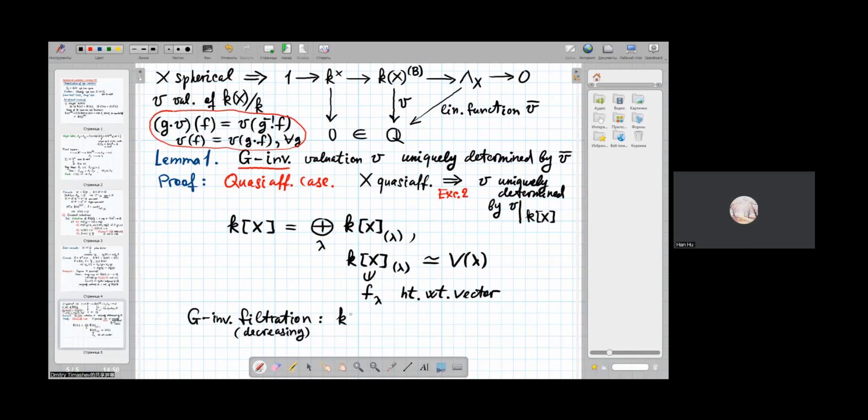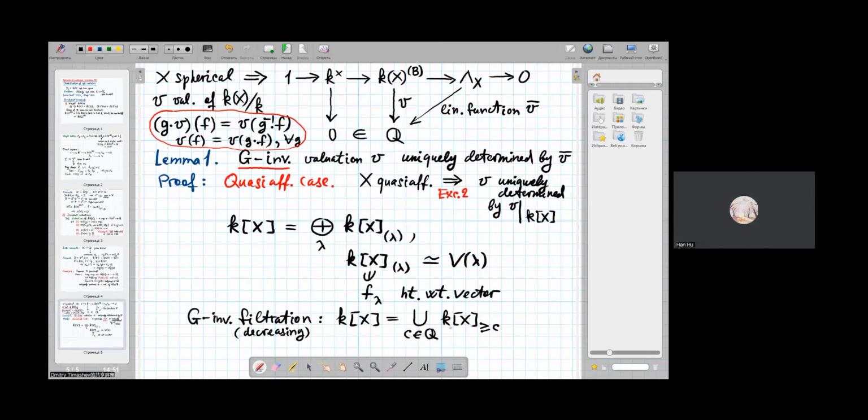That is, this k[X] is the union of subspaces, which I denote like this: k[X] greater or equal than c, where c ranges over rational numbers, but in fact essentially ranges over the value group of V, which is a cyclic subgroup of Q. So c ranges over some discrete subgroup of the rational line, generated by some maybe non-integer element.